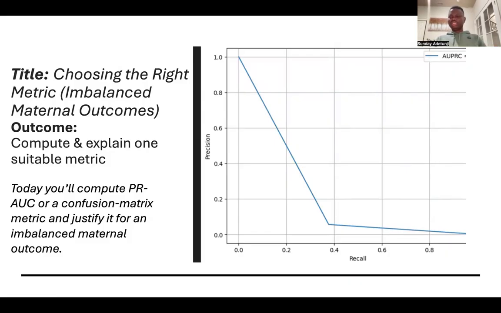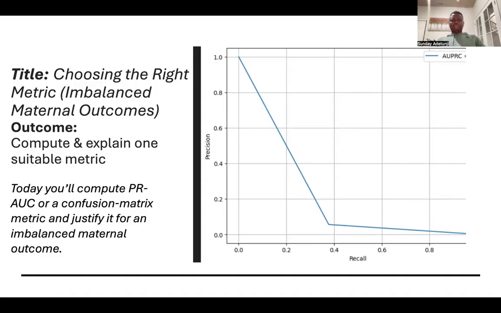In the next few minutes, I will show you exactly how to compute our metric decision mini cheat plus activity. By the end, I expect you to be able to compute and clearly explain one evaluation metric that fits an imbalanced maternal or neonatal outcome like preeclampsia or early neonatal mortality, and justify why it is the right choice for your case.